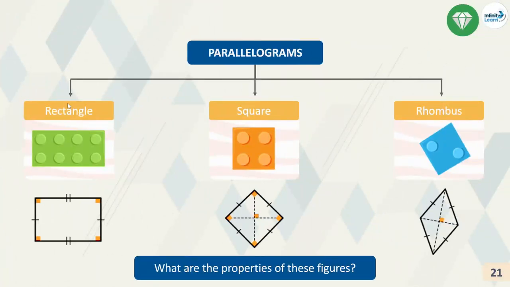Parallelogram is further classified into rectangle, square, and rhombus.